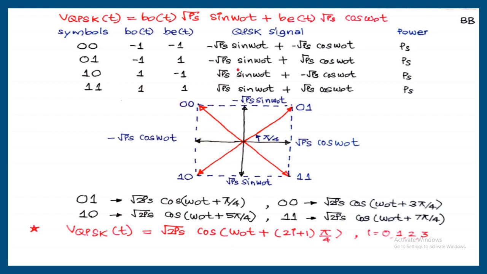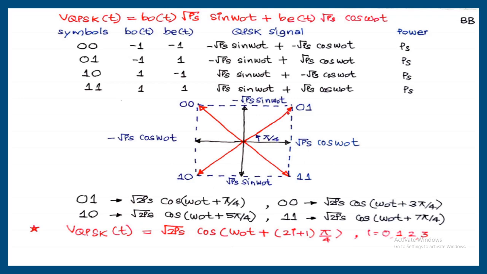Similarly, second combination, minus sine and plus cos. This is minus sine, this axis is plus cos. Addition of these two, this is a resultant vector for the combination 0, 1 with amplitude root 2Ps. This is for 1, 0, this is for 1, 1. These four vectors are the QPSK vectors with amplitude root 2Ps.